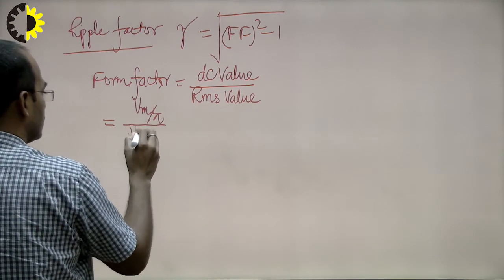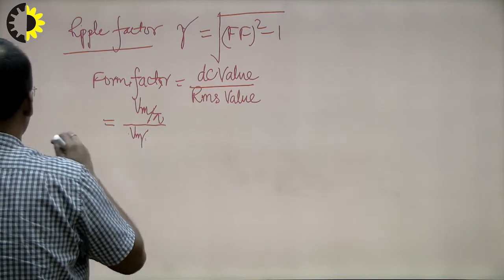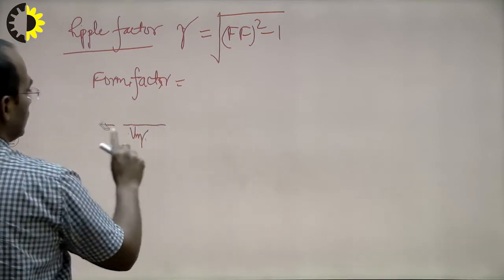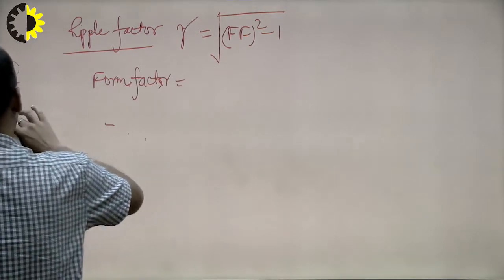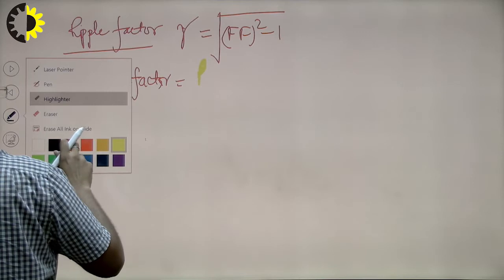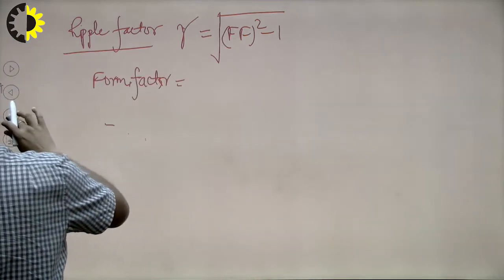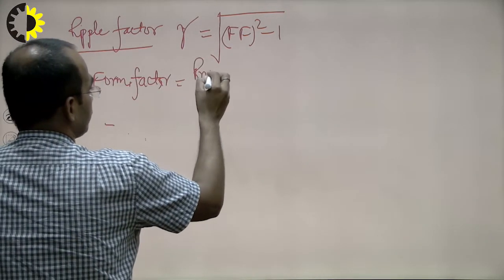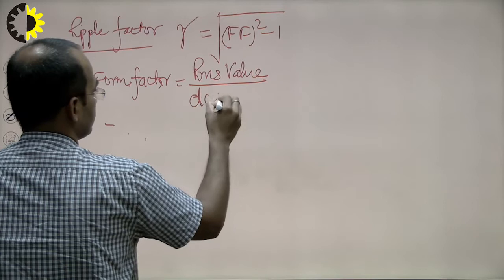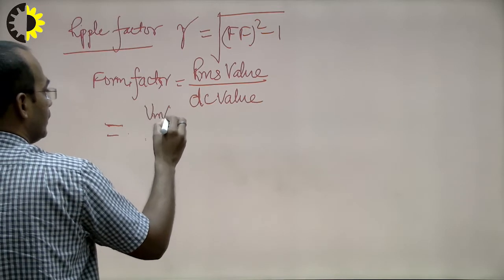RMS value is nothing but Vm by 2, that I have already found.